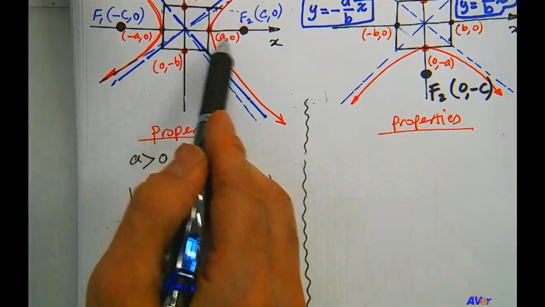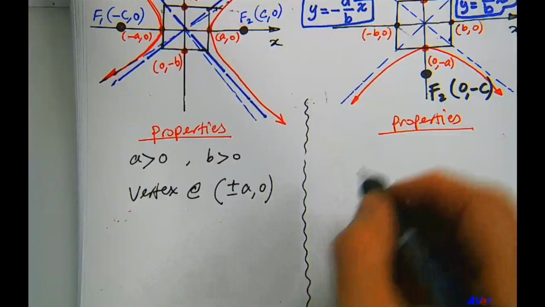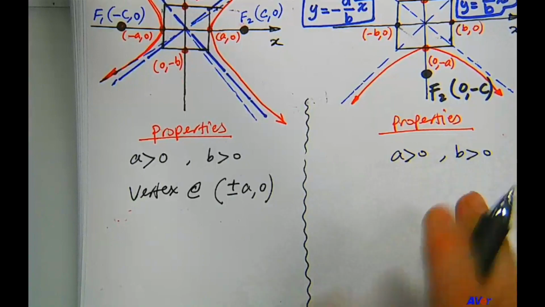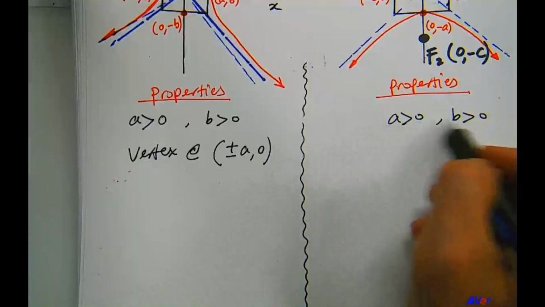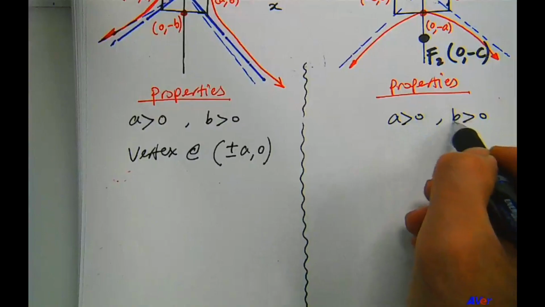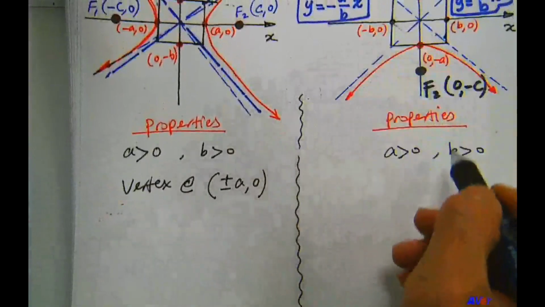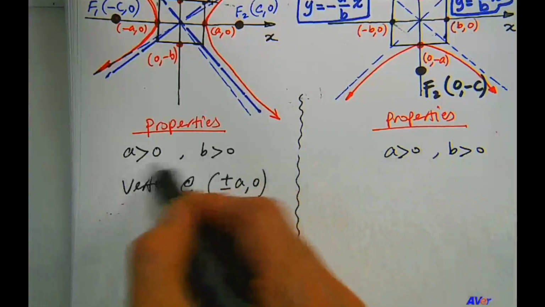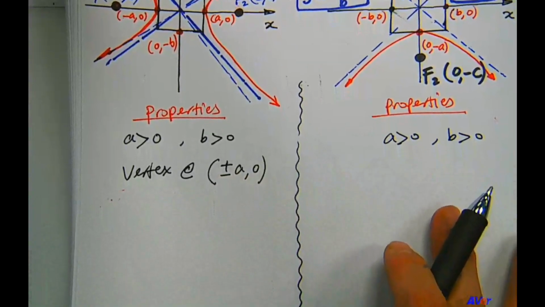That's what we have, A comma 0 and minus A comma 0. And here also A and B are greater than 0, and these are distances, that's all. Minus B would be on the negative side, but B itself represents a distance. That's why we say that they are positive, because they represent distance.